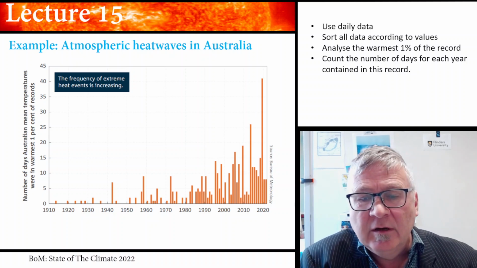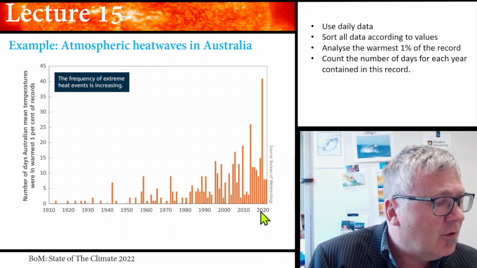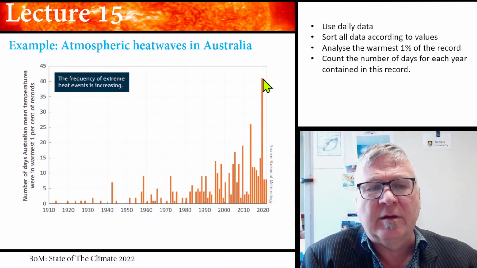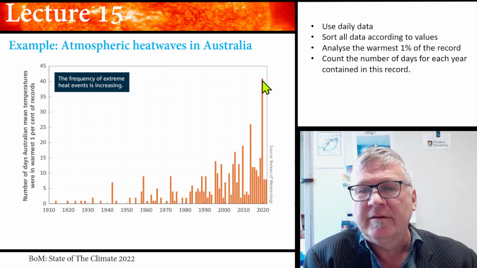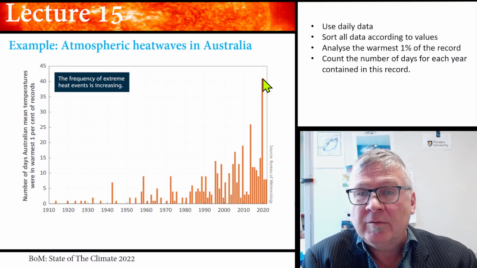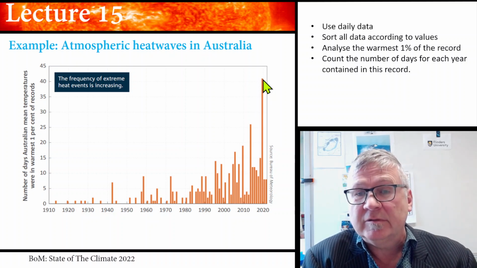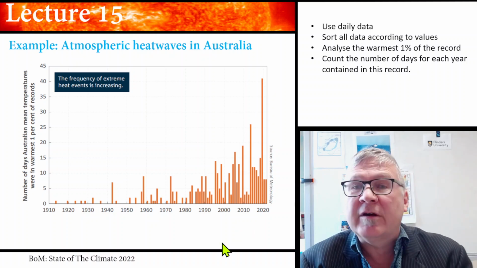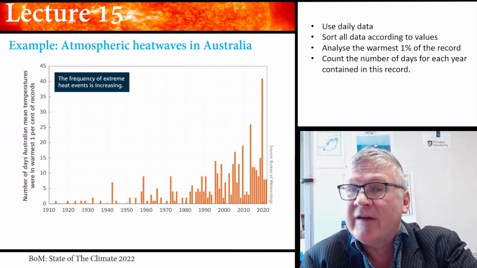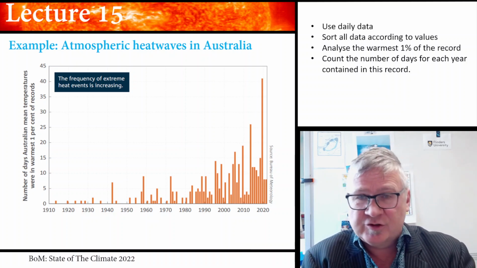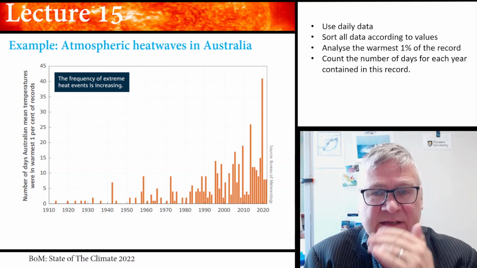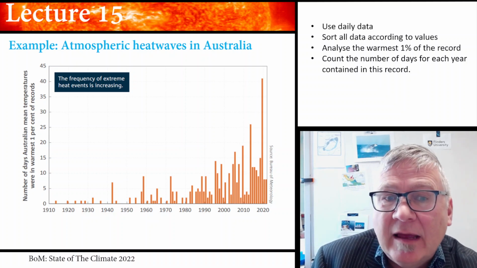For example, let's take 2020. You had a total number of 40 days which were the warmest ever recorded temperatures in Australia. So that's how you can produce these very nice time series, which are actually without the use of any threshold value. Just sorting temperature data, looking at the warmest 1% of data and counting.